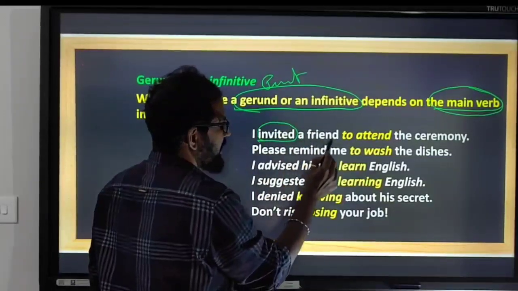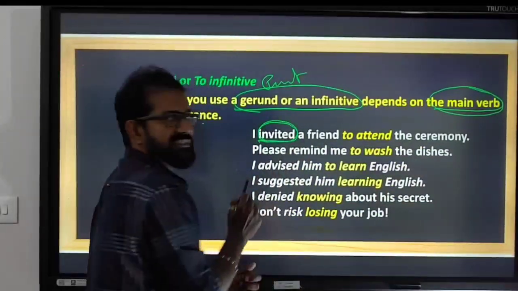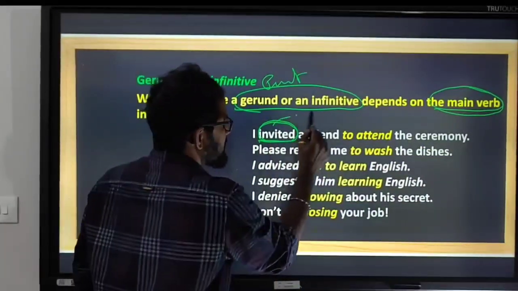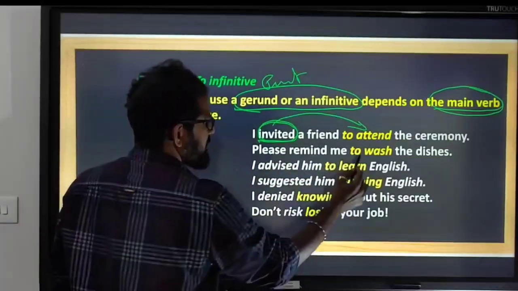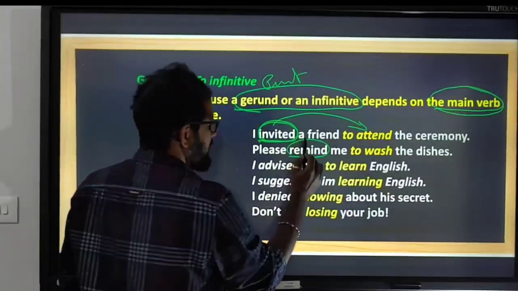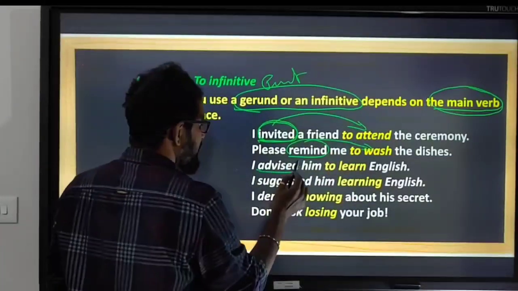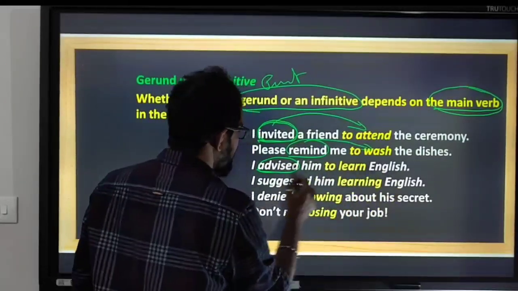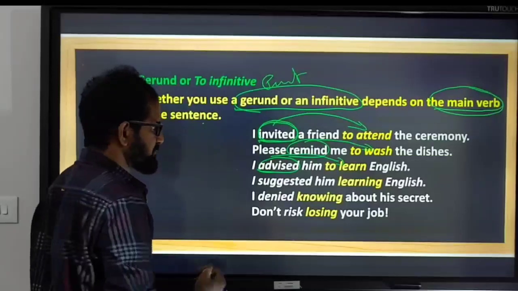I invited a friend to attend the ceremony. Invited is the verb and invite takes to infinitive. Please remind me to wash the dishes. Remind is the main verb and remind takes to infinitive. I advised him to learn English. Advised is the main verb and it takes to infinitive.